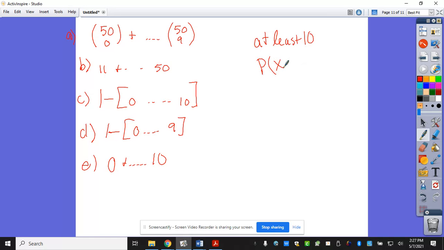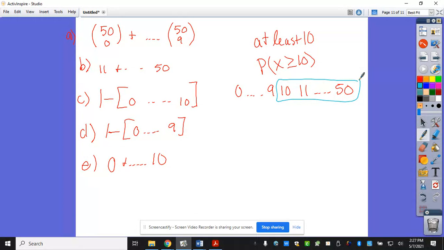X is greater than or equal to 10. This is where I usually write it out. So what do I circle? 10 and above. So I want the one of these that gives me that.